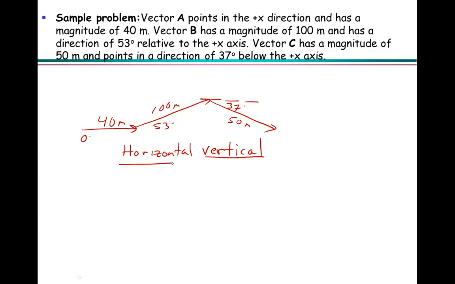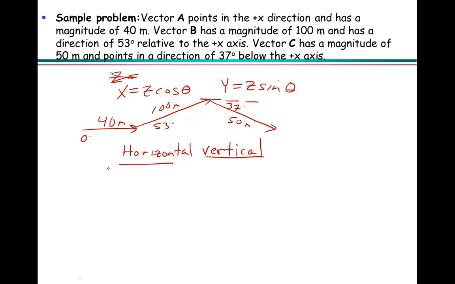So for the equation, think of it as the vector z. For the horizontal, x is equal to z cosine theta, and in the vertical, y is equal to z sine theta. So we'll plug those values in for each equation.